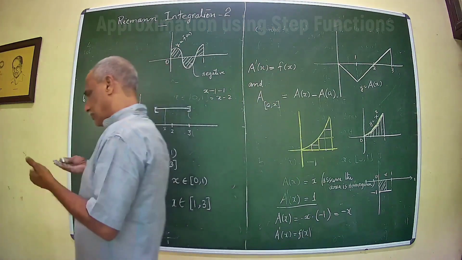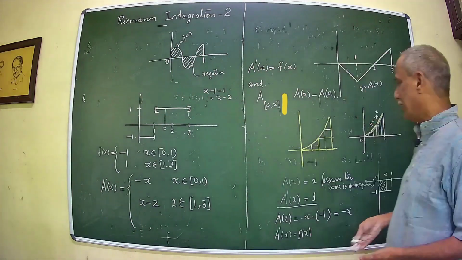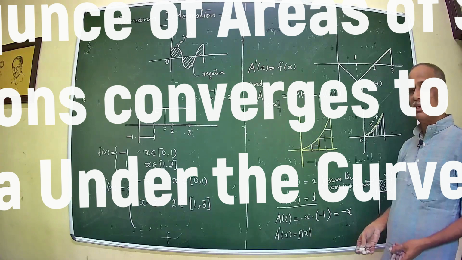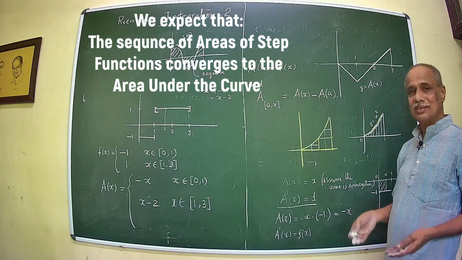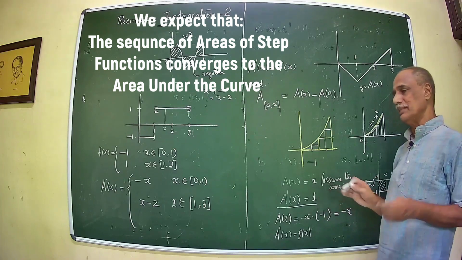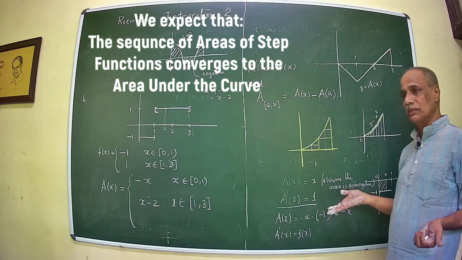The sequence of step functions approximates the given function, and then the area also correspondingly converges to the area under the curve. Now this is our expectation. So that's what we are going to work with.